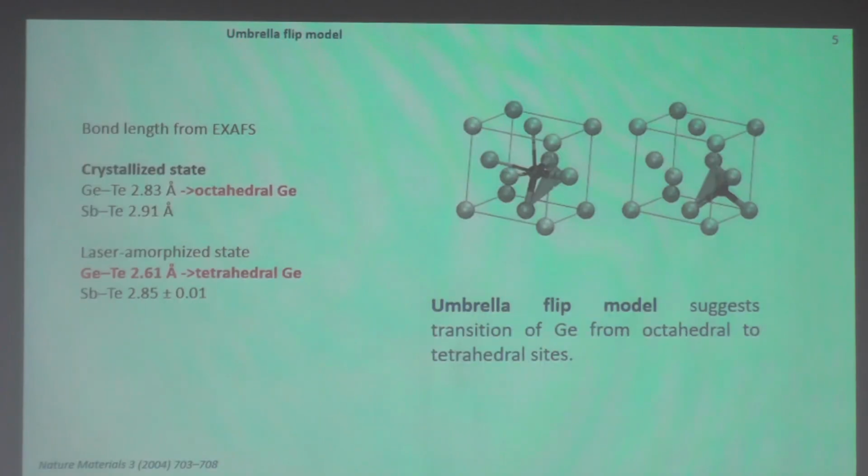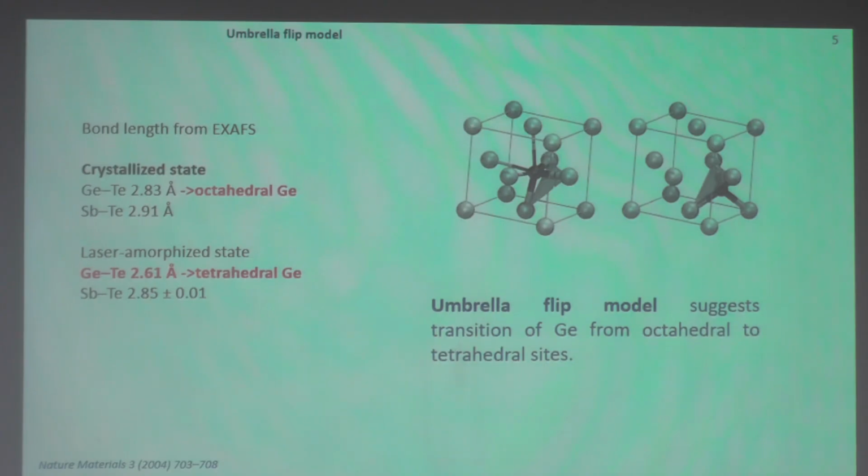So now let's consider this first model. This model is based on XAS data, and it is a phenomenological model. Here they studied the bond lengths in the crystalline state and in the laser-amorphized state. They used real optical devices, I think DVD, and they looked at the bond lengths between germanium and tellurium and between antimony and tellurium.